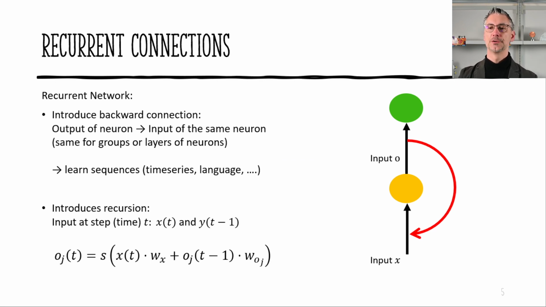First of all, we need to introduce recurrent connections. In a recurrent network, we introduce a backward connection. So the output of a neuron goes back as the input of the same neuron or a group of neurons or layer of neurons. So this allows us to learn sequences. For example, time series data, language data, and so on.